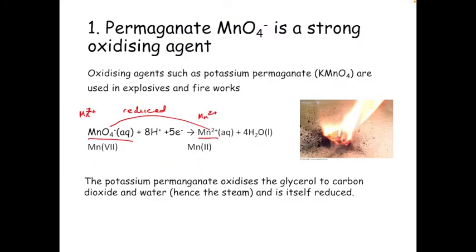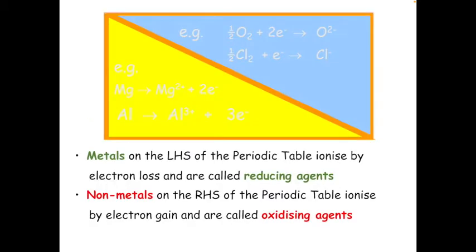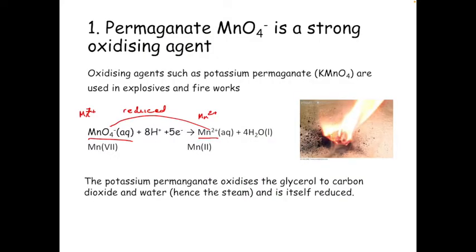Okay, so I think it's important to note that we've also got permanganate, a strong oxidising agent, and it's important to see that it's not just elements that we've looked at before that can be oxidising and reducing agents, molecules and ions can be as well. So if we look at this one here, potassium permanganate is actually a really, really powerful oxidising agent. And that is because it's been very highly reduced.